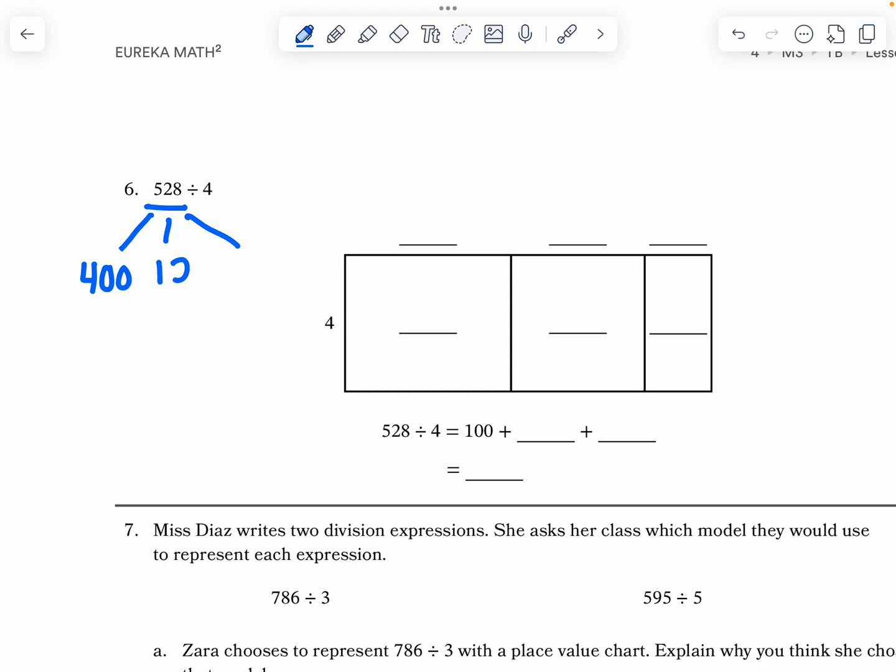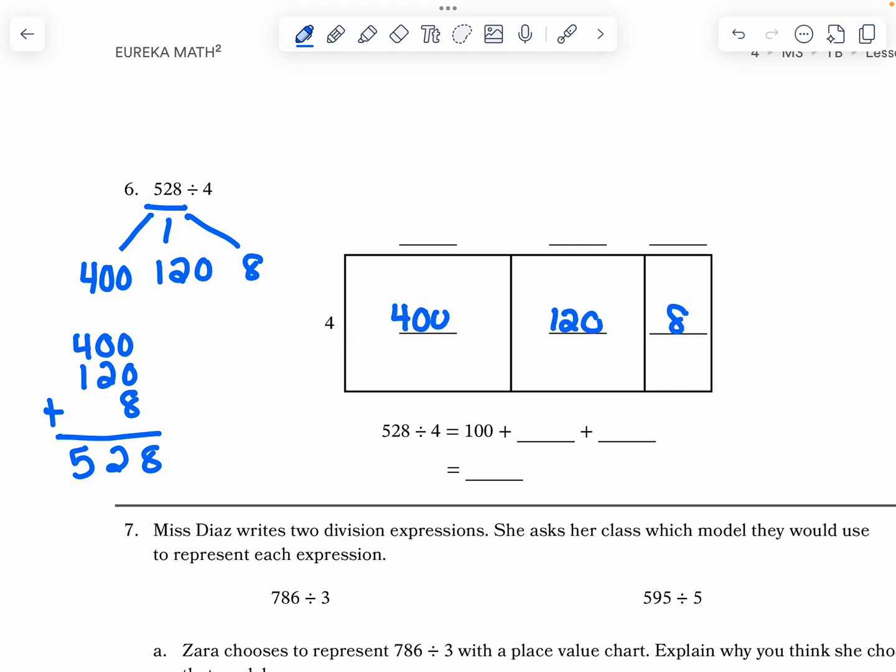And then I'm going to do 120 and 8. And you can see that if I add these together, I still have 528. So this will be 400, 120, and 8.